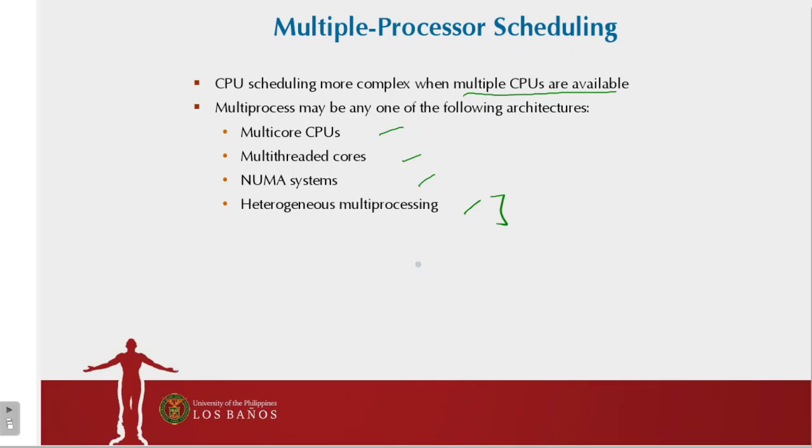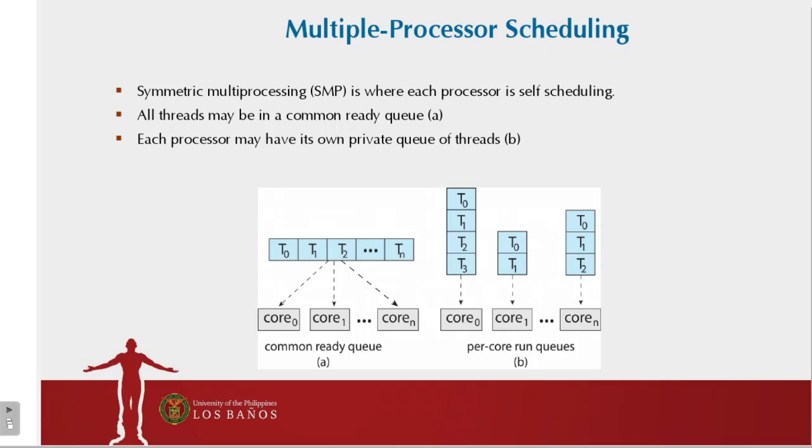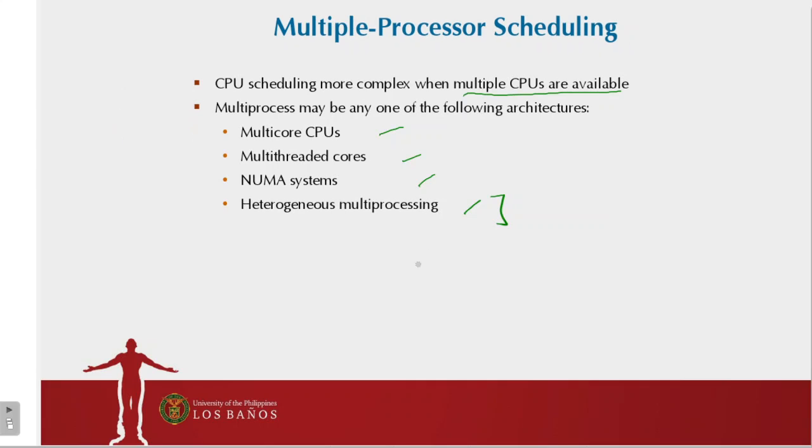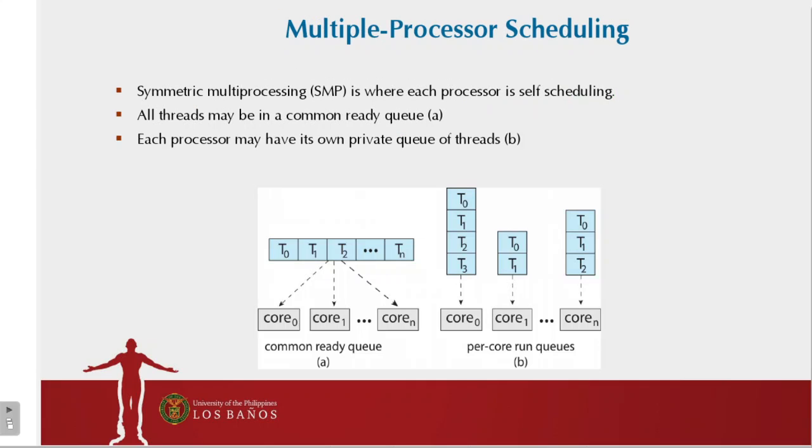So let's start with how to go about multiprocessor scheduling. At the very least, the main module in an operating system that implements the scheduling process is the CPU scheduler.